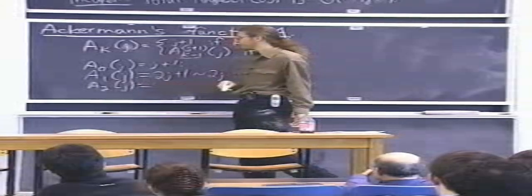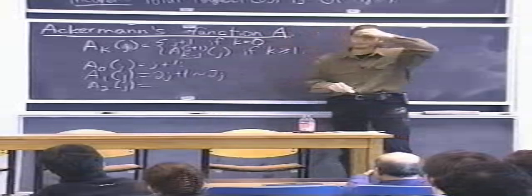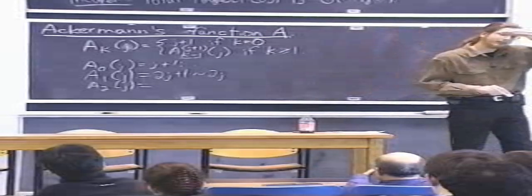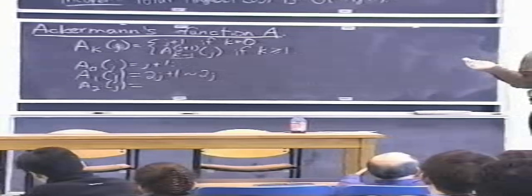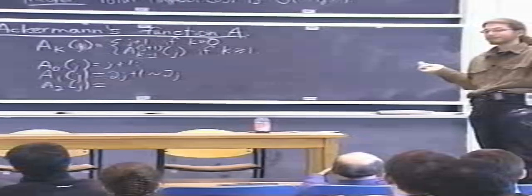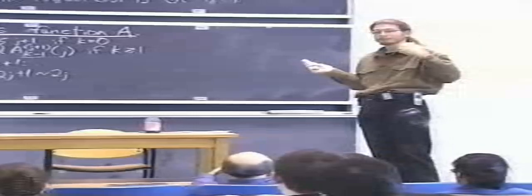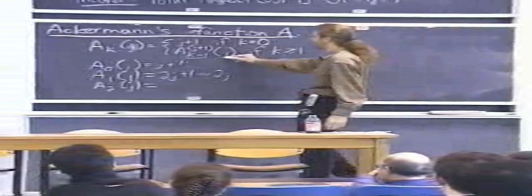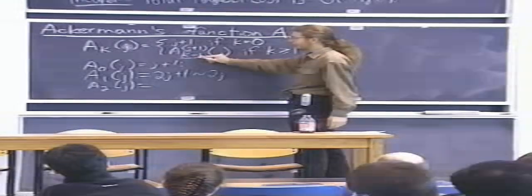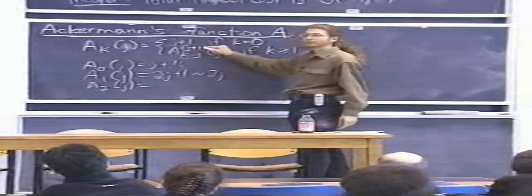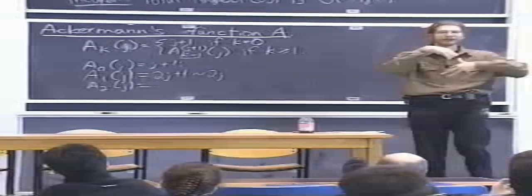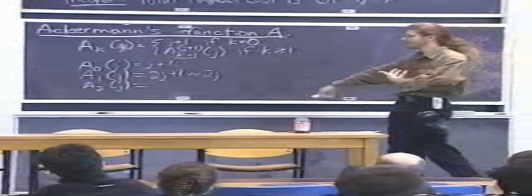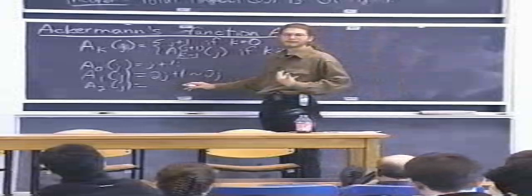All right. What's A sub 2? If I'm doubling every time, then I iterated j plus 1 times. That's roughly, so I start with a number j. That's what this is saying. Then I apply this function, j plus 1 times, to that value. Okay, it takes a while to wrap your head around this definition. But what function is this? Roughly.